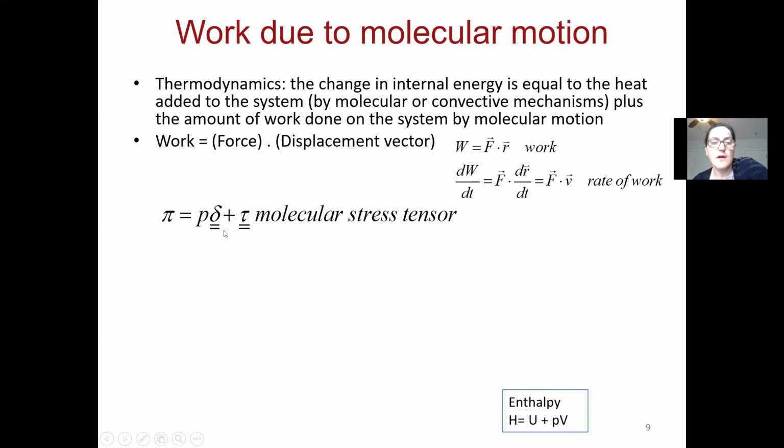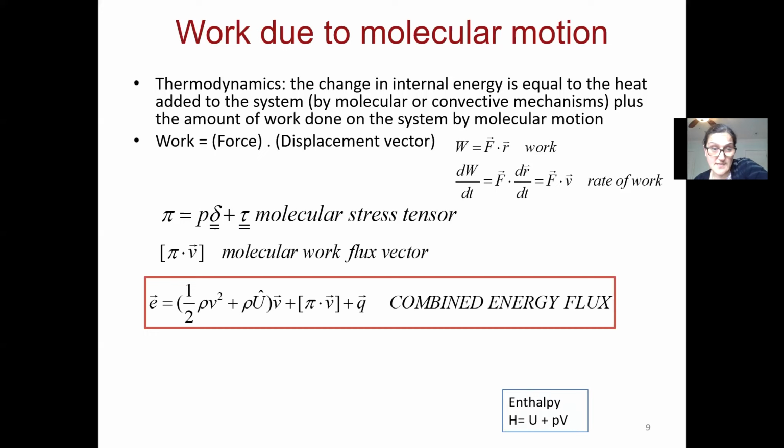Now, in this particular case, when I'm looking at the molecular mechanisms, the source of viscous forces, and overall all of the molecular forces, we have quantified that by the hydrostatic, the general thermodynamic pressure P times the identity tensor, plus the tensor, our good friend from momentum transfer, tensor tau, that quantifies shears and viscous stresses.